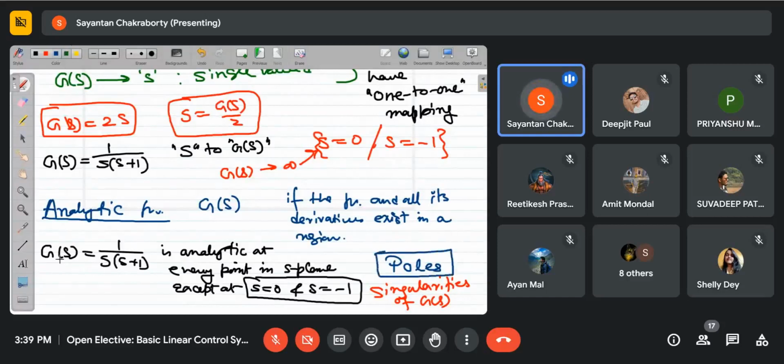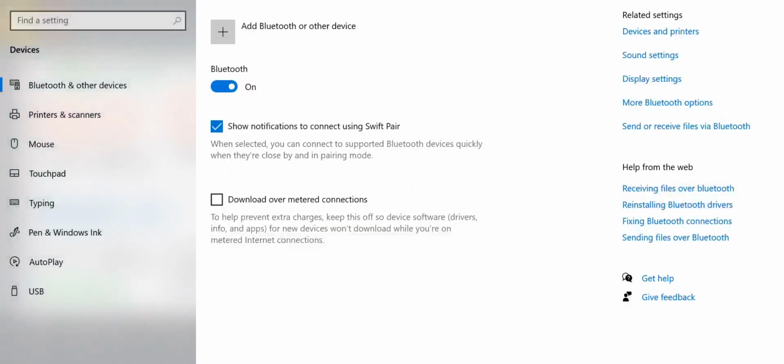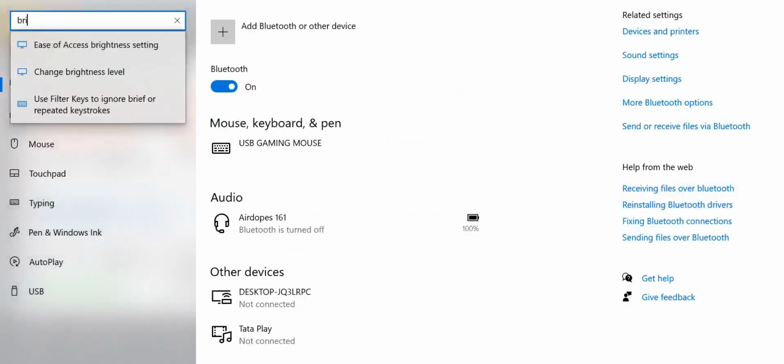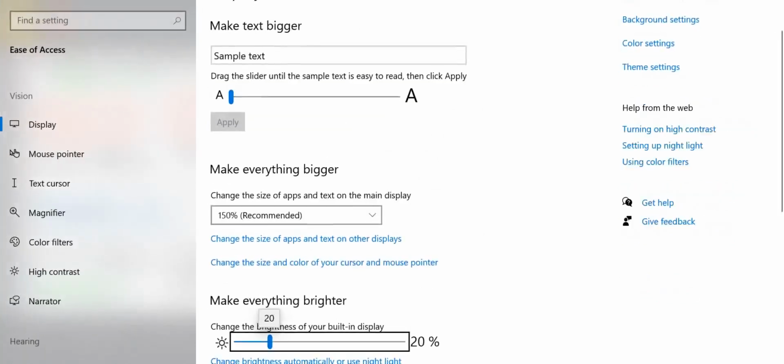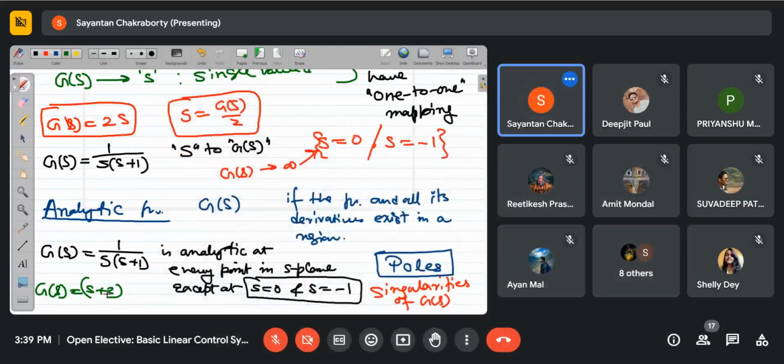On the contrary, this function is analytic in the entire s plane, and there is no singularity of this function G(s), right? So this is the definition of a pole, or the basic concept behind the pole.